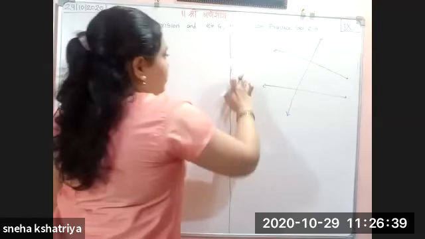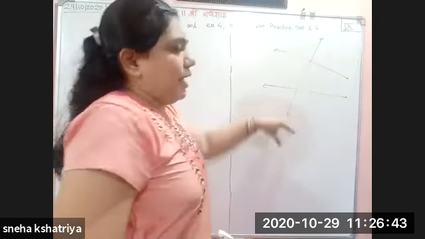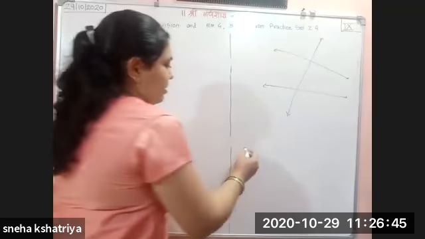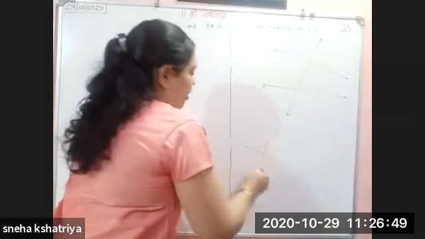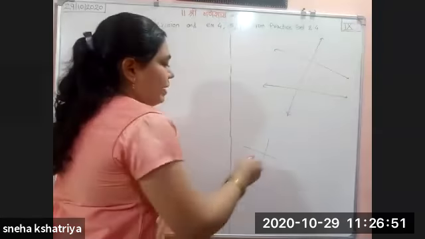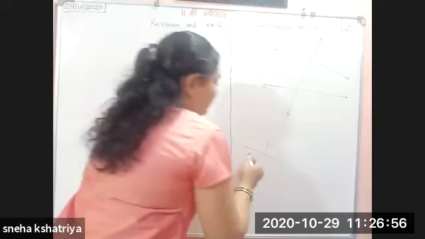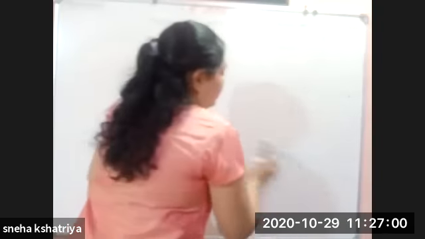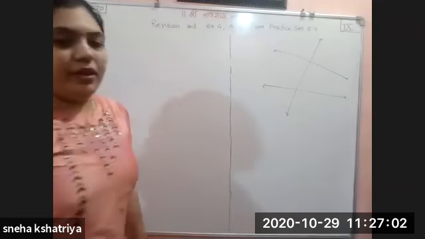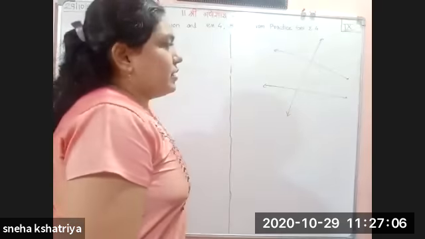A transversal means which cuts the line, which intersects any line. It may intersect one line, two lines, or three lines, whatever it is. So a transversal means which intersects a line. Now here two lines are given and one transversal intersects them.